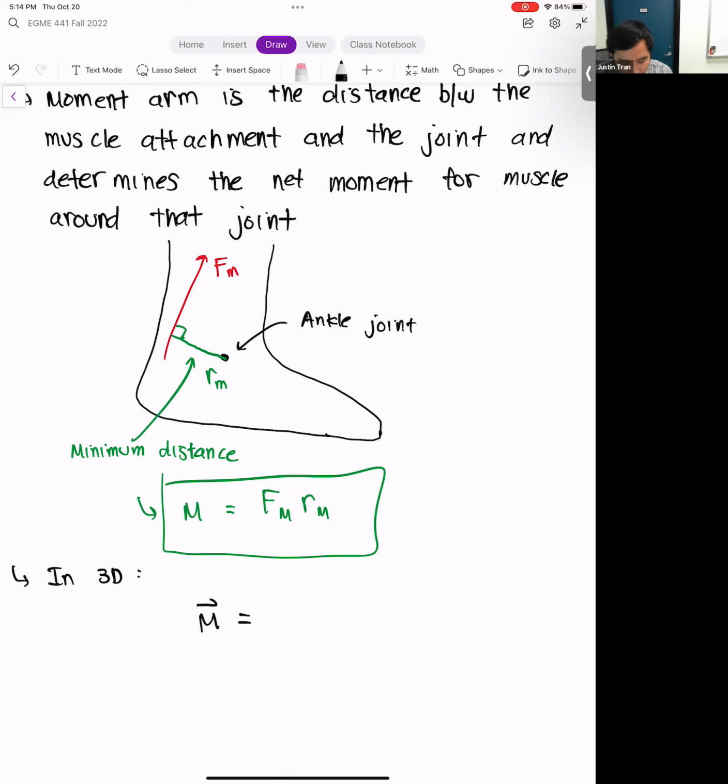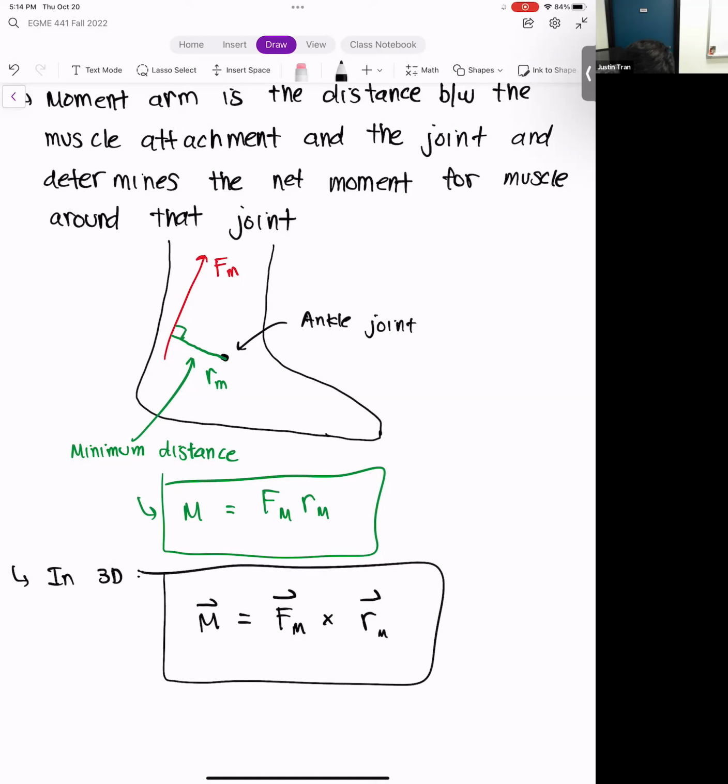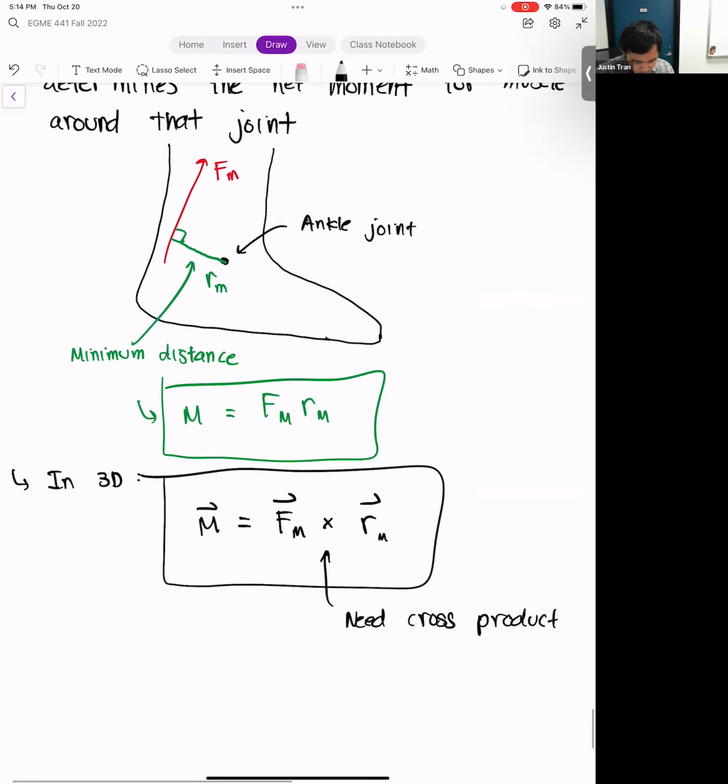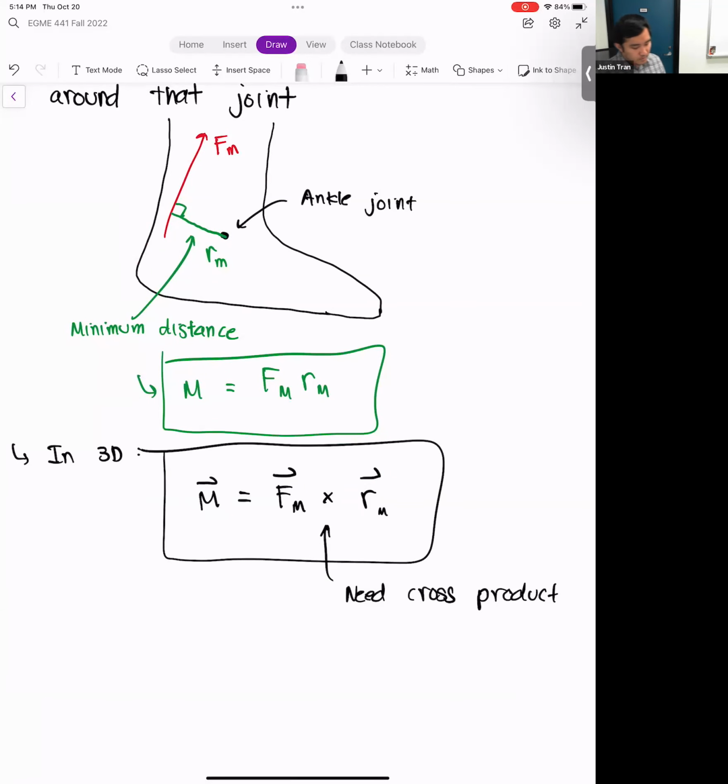And the way that we compute that moment vector is that we take a cross product between the muscle force vector as well as the distance vector. And so of course that becomes a lot more complicated.